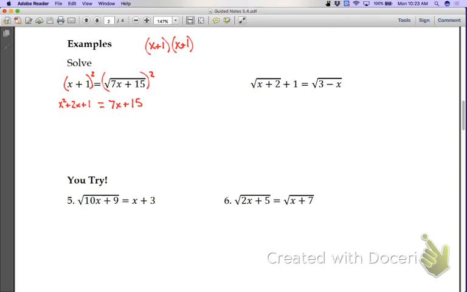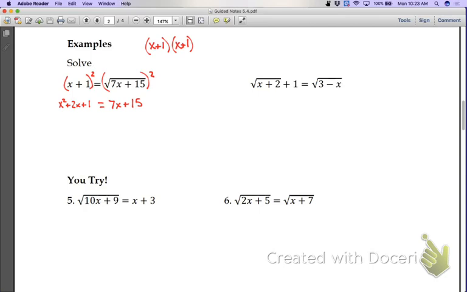Now again, I need to get everything over to one side. If you have a quadratic, I need to get everything over to one side, and I'm going to have to factor it most likely. A lot of these, really most likely none of these, will require the quadratic formula.